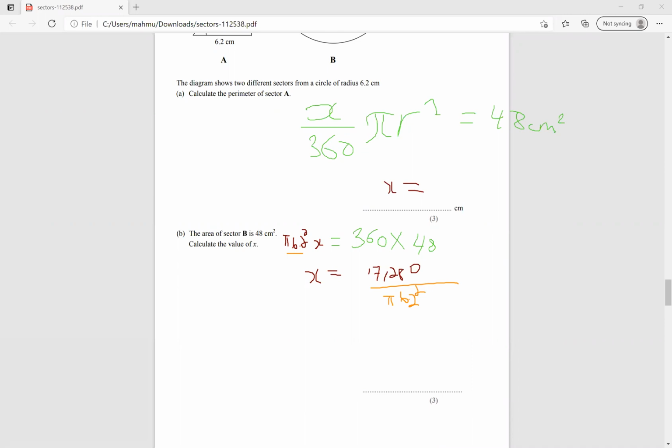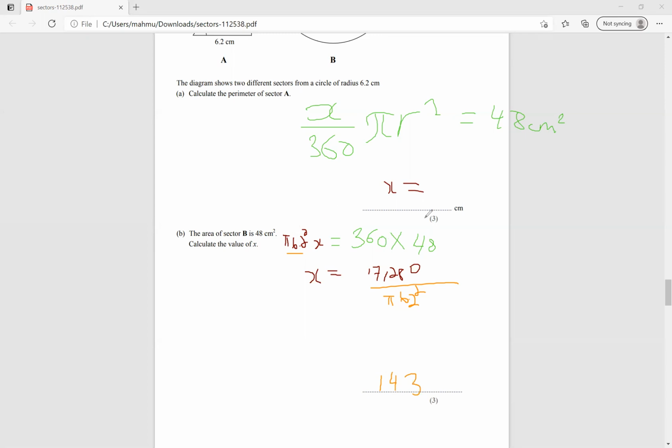Okay, now if I do this whole thing and put it into my calculator, the answer you should get is, angle size is 143. That's it, angle is 143.